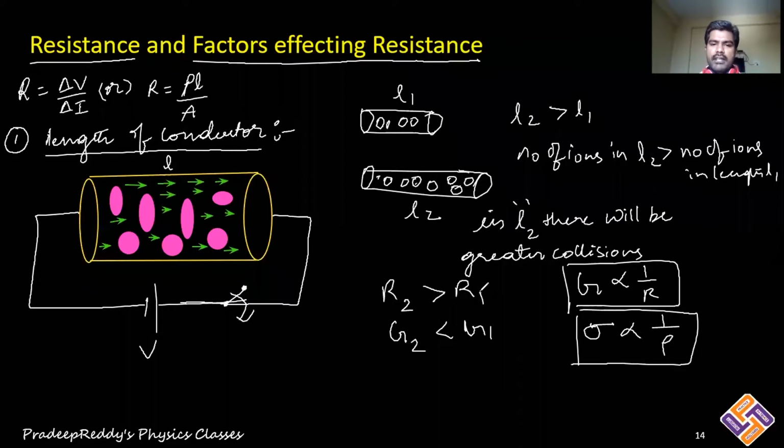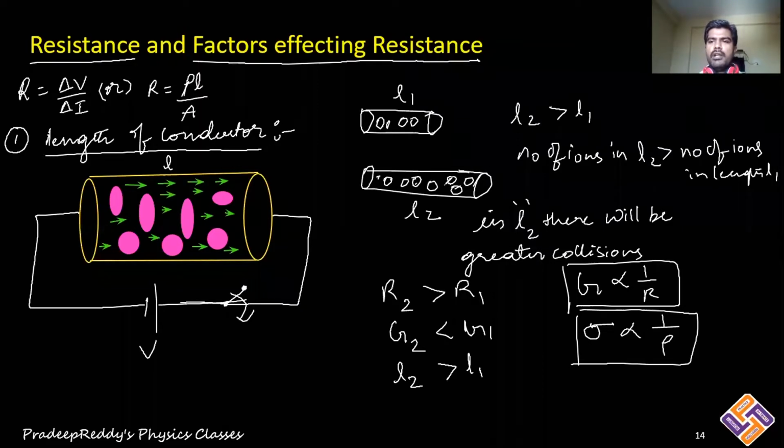Why is R2 greater than R1? Because the length of the second conductor is greater than the length of the first conductor. If the length of the second conductor is greater, what would happen? There will be more ions in length L2, resulting in more collisions when the electron is being drifted.